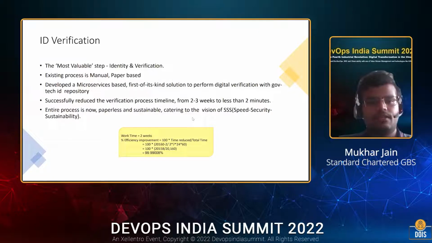So let me give brief info on what a microservice is. A microservice architecture is analogous to a manufacturing assembly line, wherein each microservice is like a station in the assembly line.